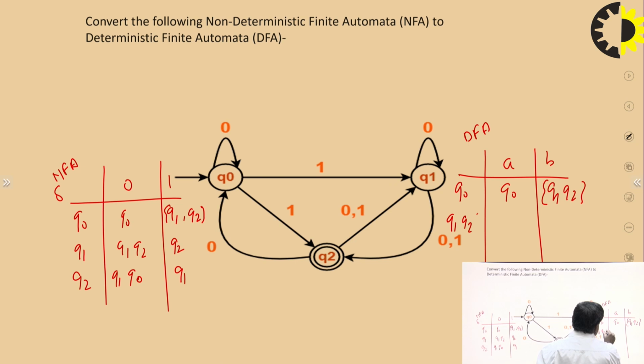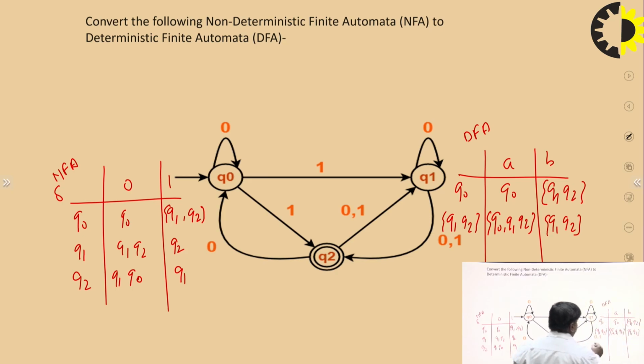Now {q1, q2} means {q0, q1, q2}, and here is {q1, q2}. So what is the next state generated?